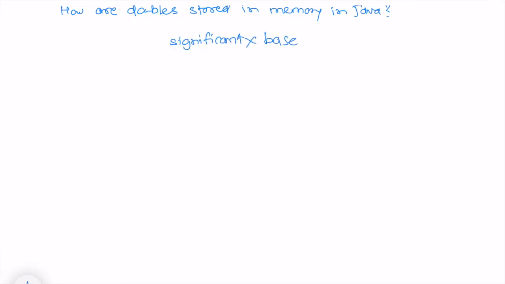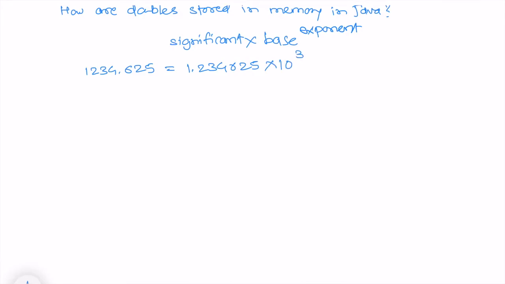To understand why the output is 7, we need to understand how doubles are represented in memory in Java. Any fraction or any double can be represented as significand times base to the power exponent. For example, the number 1234.625 can be represented as 1.234625 times 10 to the power 3.